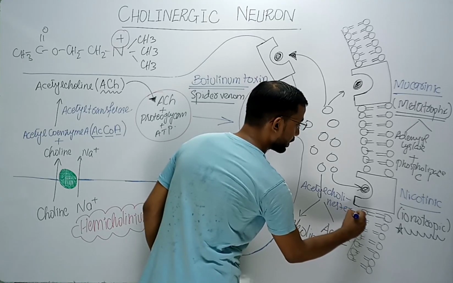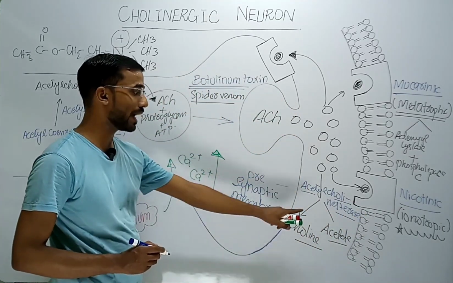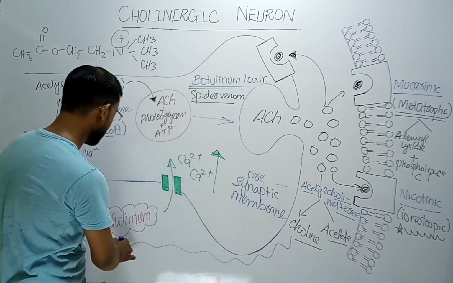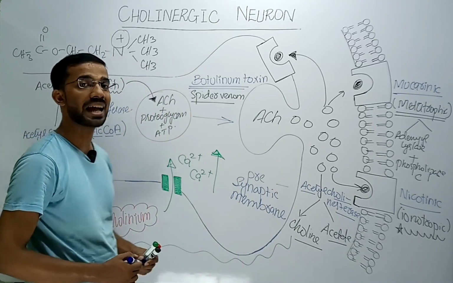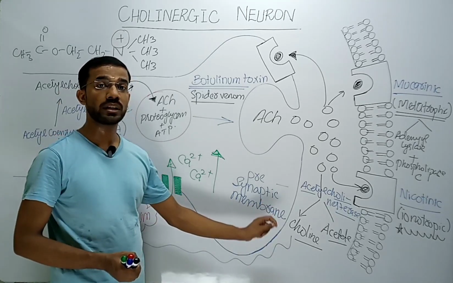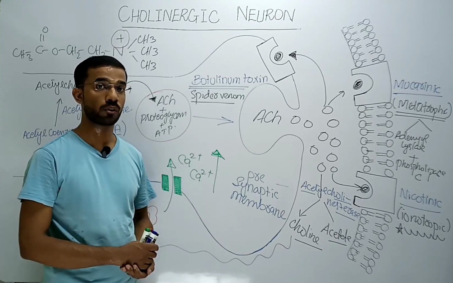This enzyme degrades the acetylcholine into the choline and the acetate. Now this choline is again utilized in the synthesis of the acetylcholine. So this is how acetylcholine is degraded, and again choline is used in the synthesis of the acetylcholine.